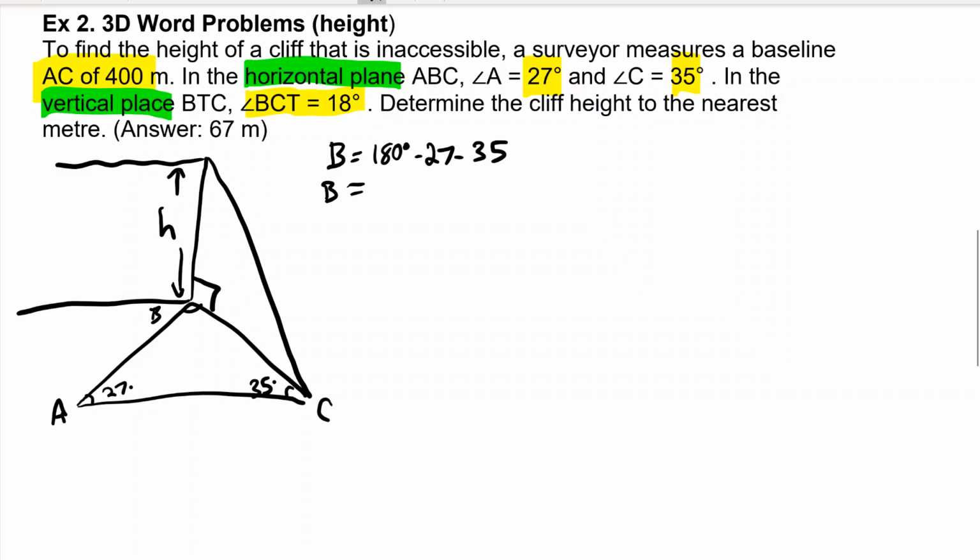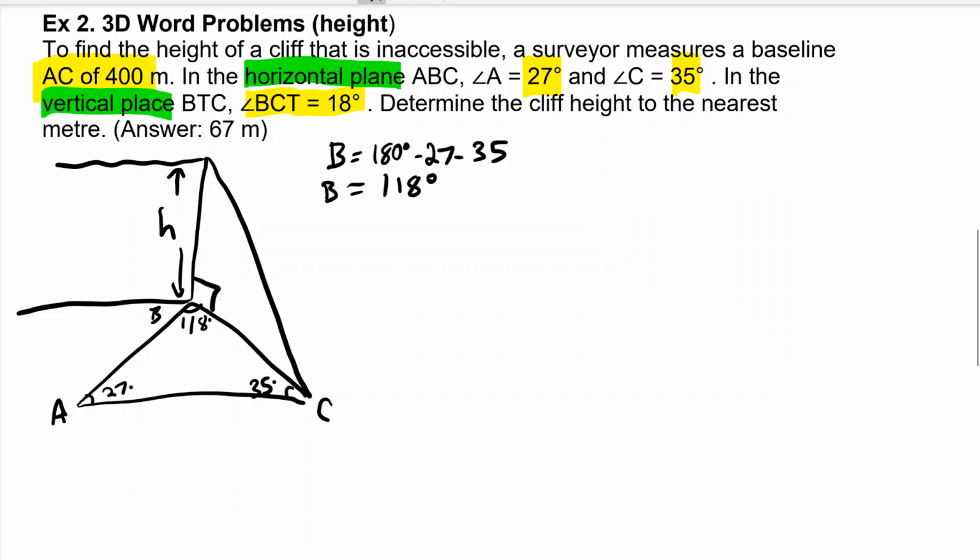When I type that into my calculator, I figure out that angle B is 118 degrees. So that's right over here. So now I know my horizontal plane triangle.